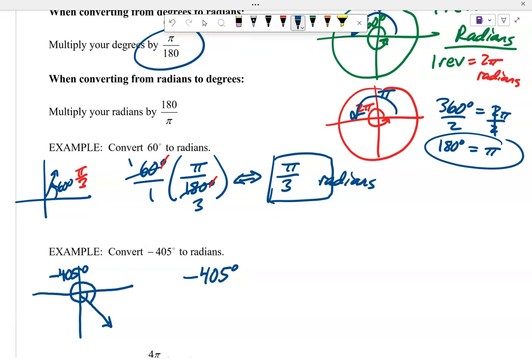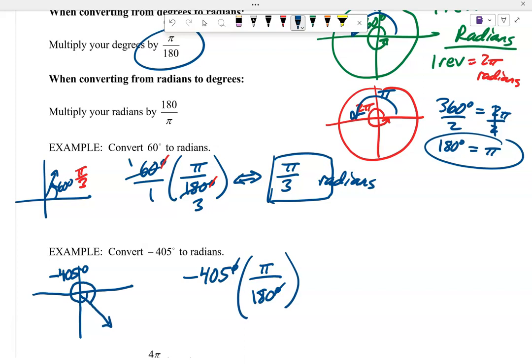So negative 405 degrees to radians. We multiply by pi radians for every 180 degrees. Again, notice the degrees cancel. So I got negative 405 divided by 180. I think both of those are divisible by 45.